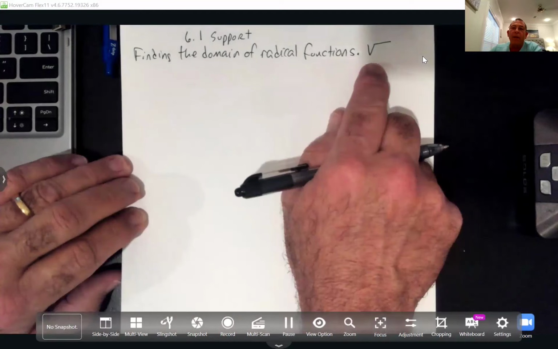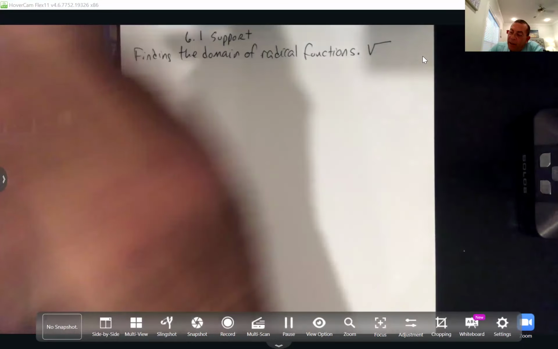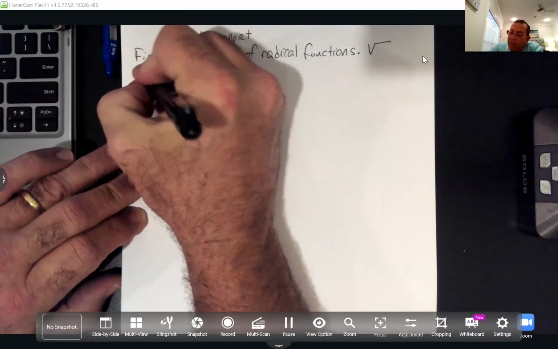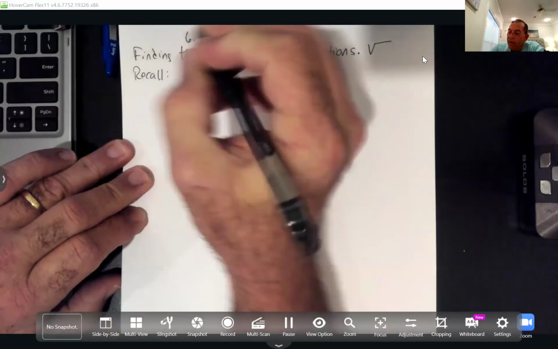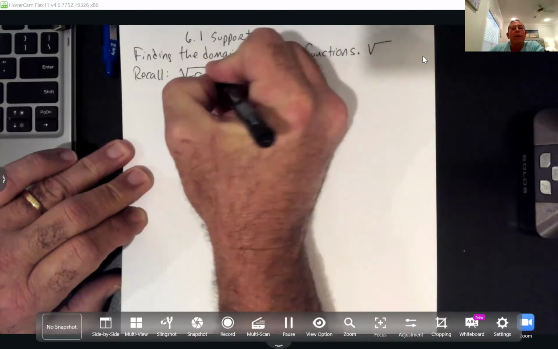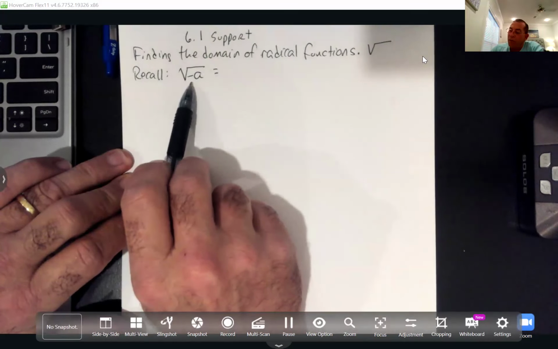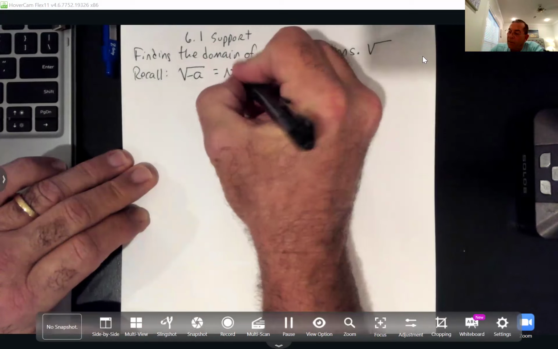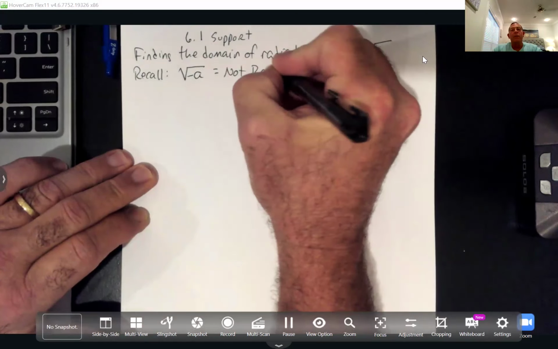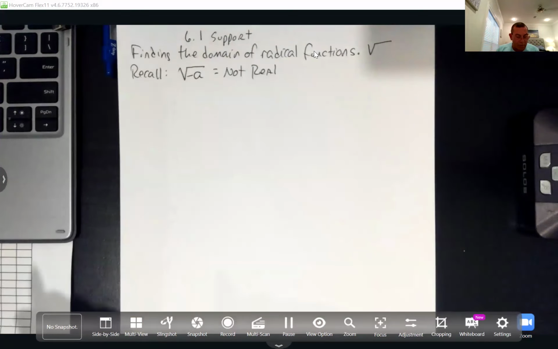All right, y'all. So the main thing when we're dealing with the square root, when we're looking at a domain, you got to recall that the square root of a negative number is not real. So that means we cannot take the square root of a negative number.